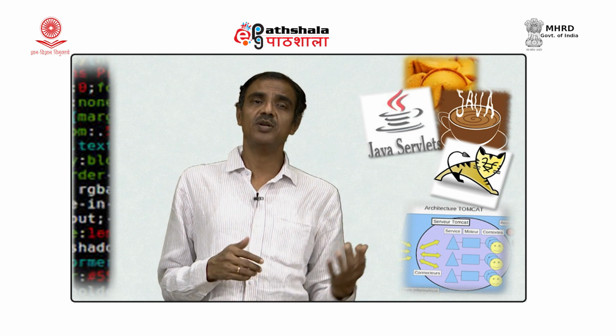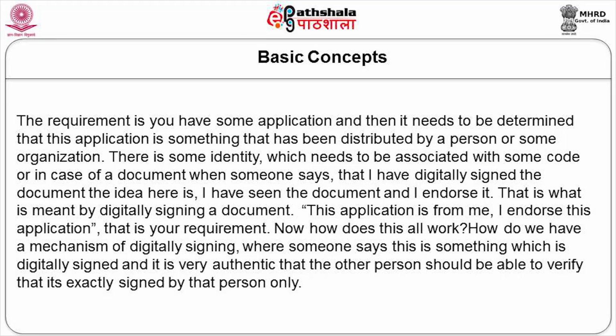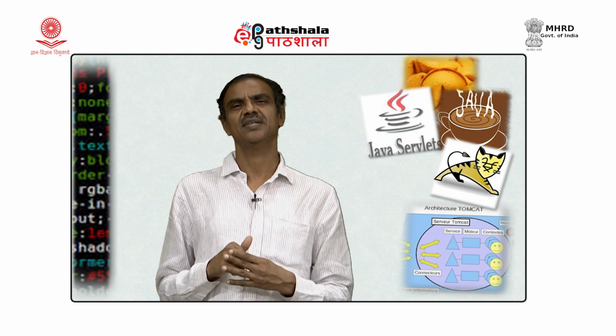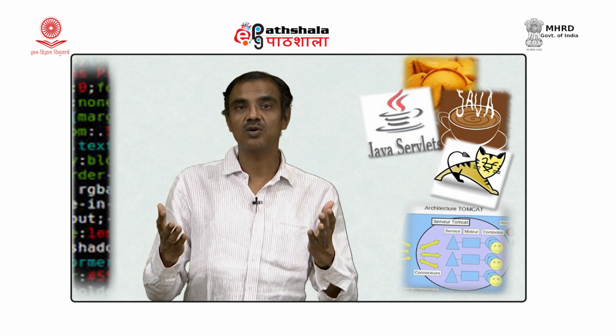What is the exact requirement here? You have some application, and it needs to be determined that this application has been distributed by a particular person or organization. There is some identity which needs to be associated with a particular code.